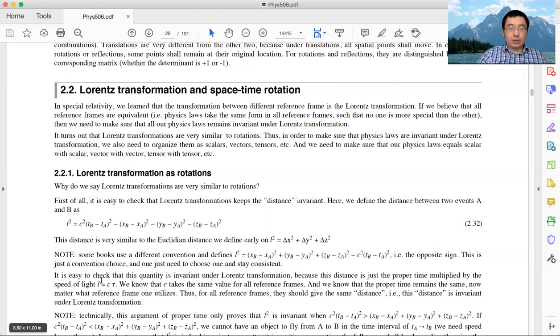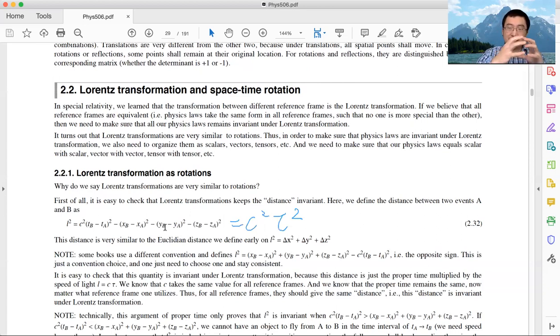One hand-waving and easy proof to show that this object is invariant under a Lorentz boost is to realize this quantity is exactly the proper time we defined in the previous chapter. More precisely, this is c squared tau squared, where tau is the proper time.